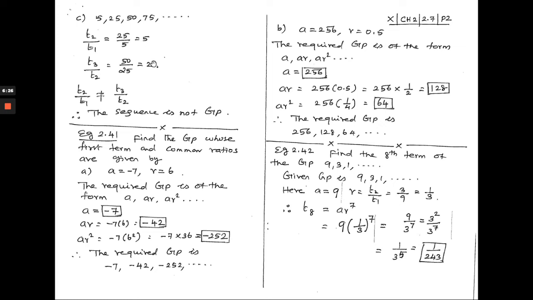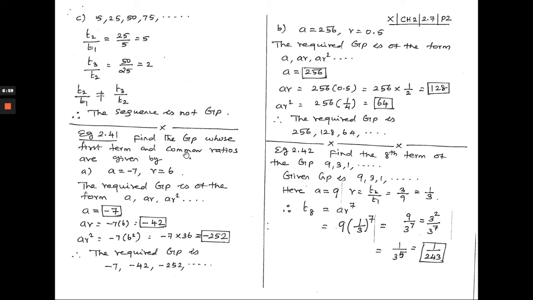They are not equal, therefore the sequence is not in GP. To check whether the given sequence is in GP or not, you have to find the ratio. If the ratios are equal, then it is in GP, otherwise it is not in GP. Next, example 2.41. Find the GP whose first term and common ratio are given.